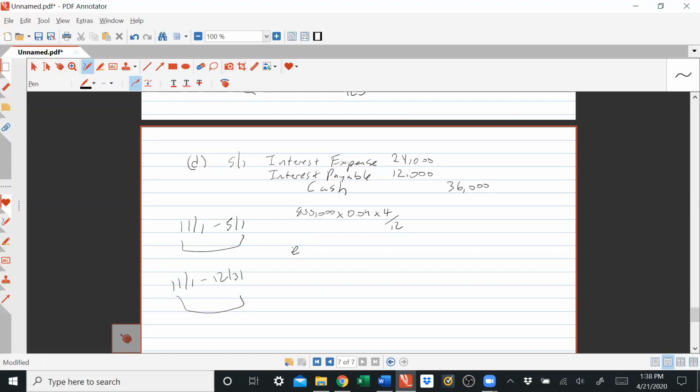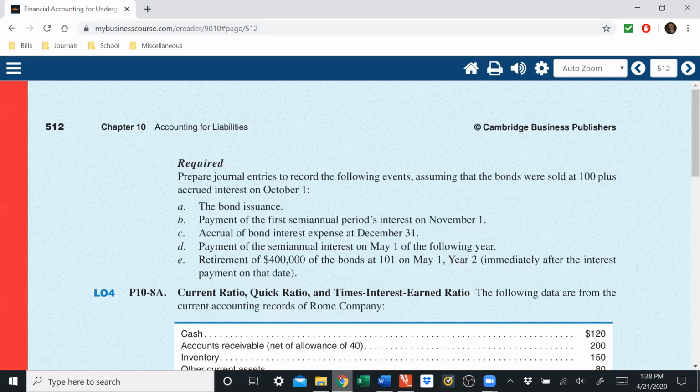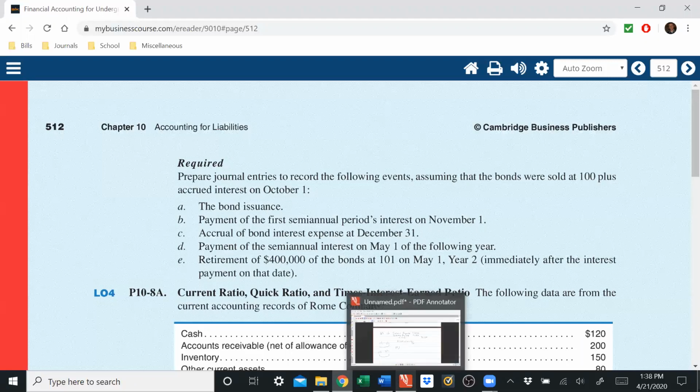And then part E, we retire half of the bonds, $400,000 of the bonds at 101 on May 1st of year 2, immediately after the interest payment on that date. So half of the bonds we retire.